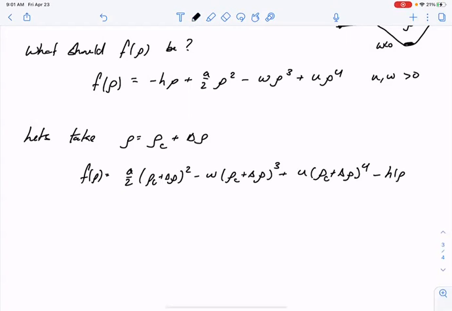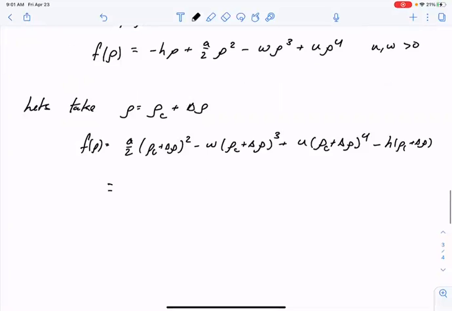All right, like so. That's just a substitution. I can rewrite this if I expand all of those polynomials. Remember, rho c is just a number. So let's be a little bit more careful. Imagine that delta rho is a fluctuating variable. Rho c is just a number. I can expand those polynomials and regroup terms with increasing order of the fluctuating variable delta rho.